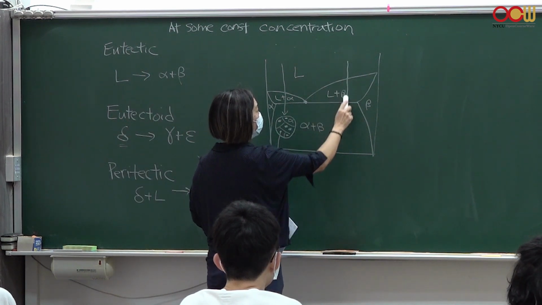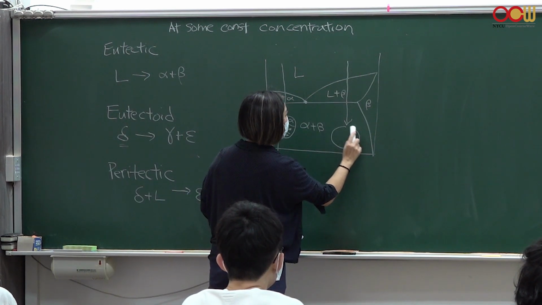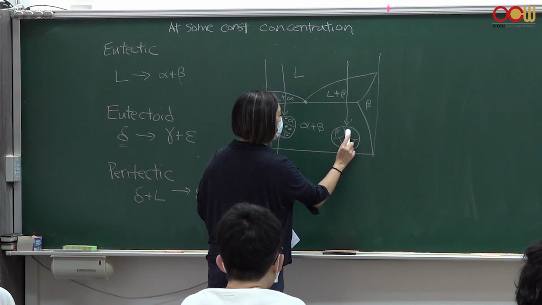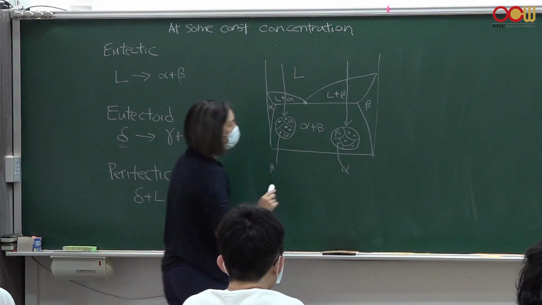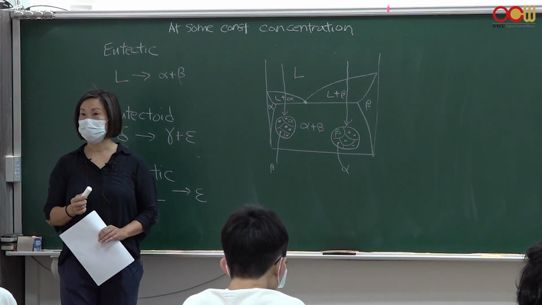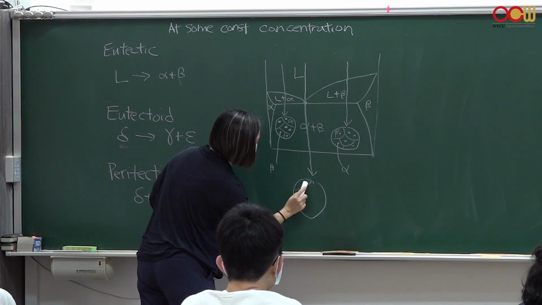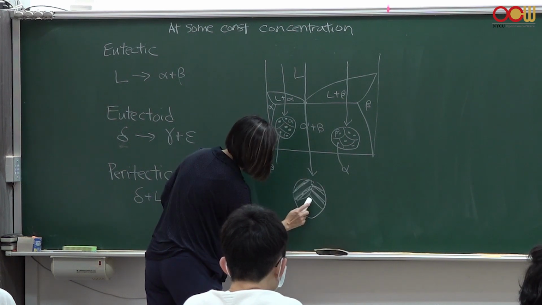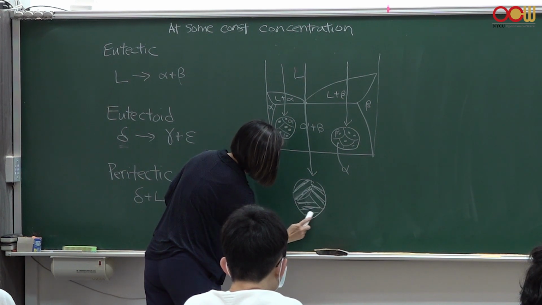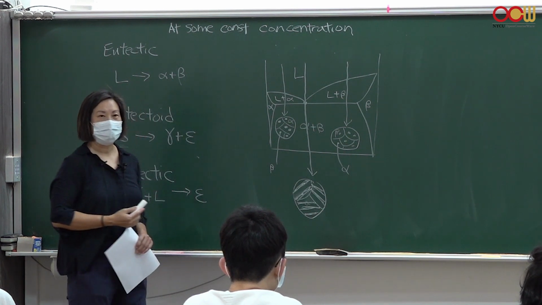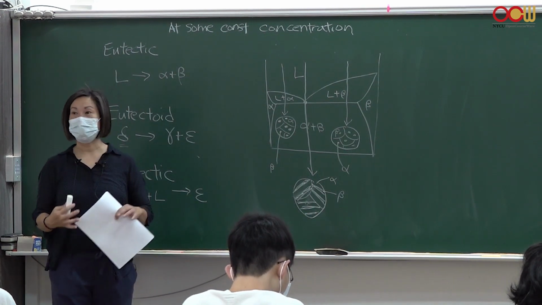And if you cool something down here, you get beta with alpha particles, because beta forms first. If you cool something down along the eutectic temperature, you get layers, something like that. Layers of alpha and beta, because they form at the same time.